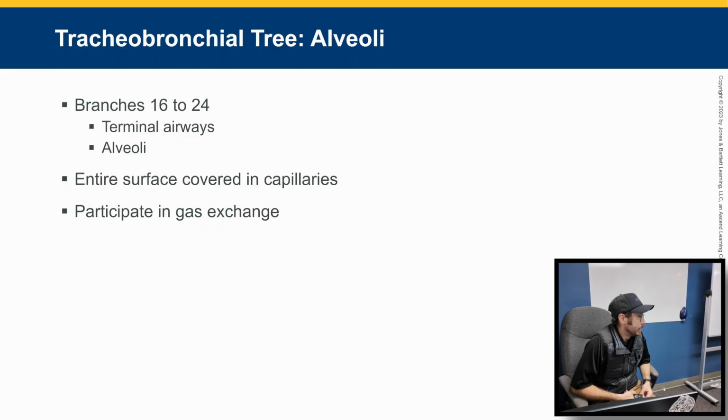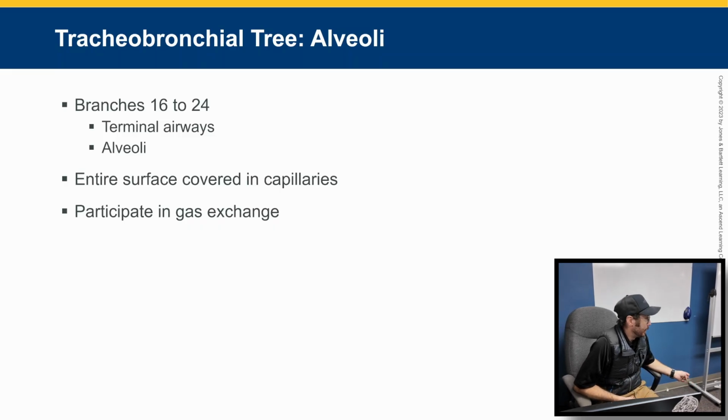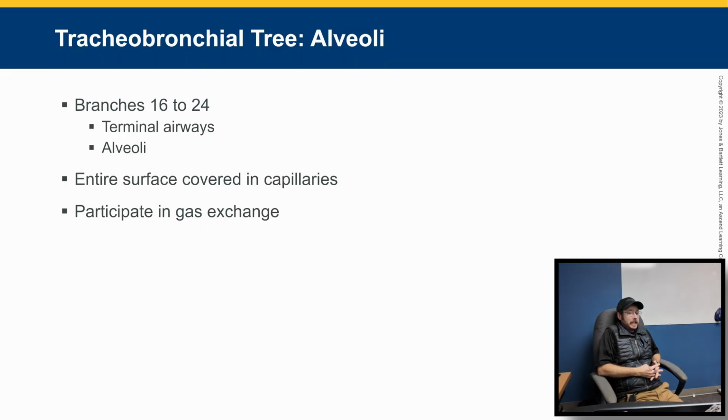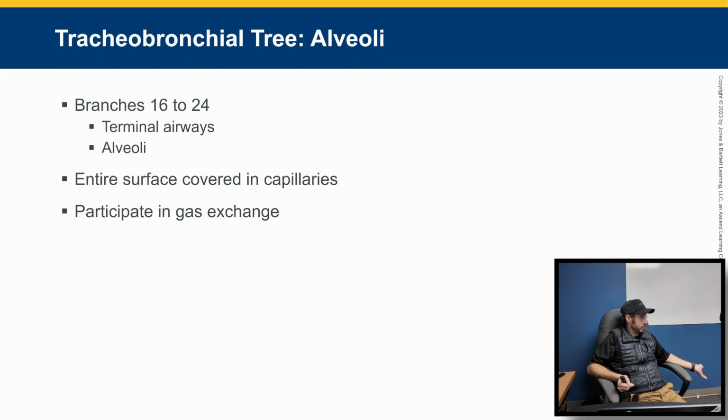So all of that space that is not participating in gas exchange is called dead space. Your dead space is basically everything from the entrance to the nose and the mouth to the alveoli. So all of the volume of air between your mouth and nose and the actual alveoli is considered dead space ventilation because it doesn't do gas exchange.